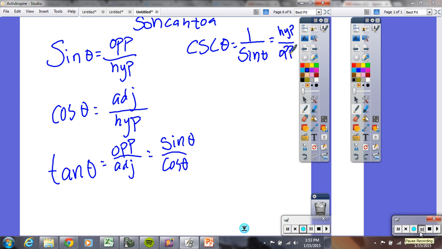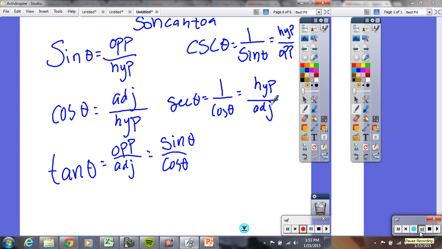Is everybody okay? Secant of theta is, once again, 1 over cosine of theta, right? So therefore it is equivalent to your hypotenuse over adjacent.